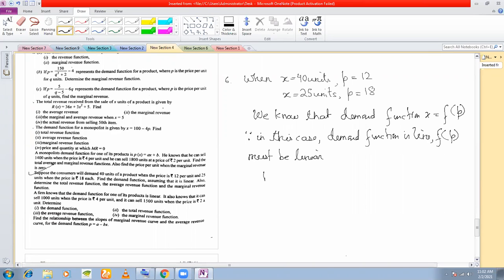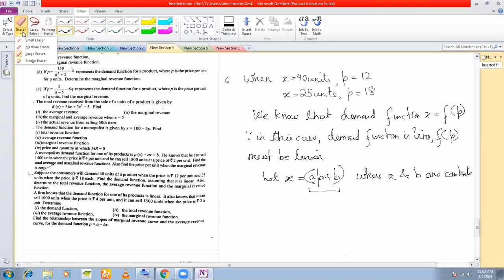So what I do is I say let x is equal to ap plus b. This is linear in p, isn't it? This is the demand function, x is equal to some function of p, where ap plus b is linear, where a and b are constants. So this is what we have taken the demand function to be.